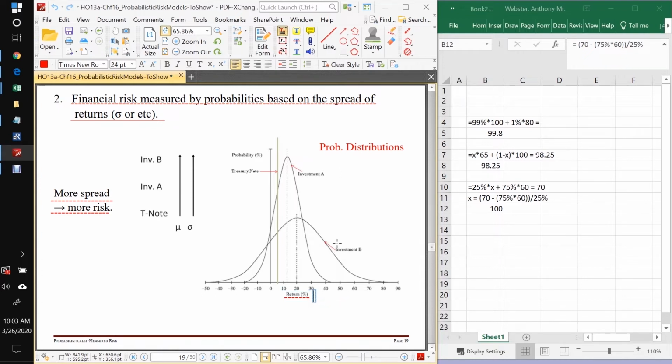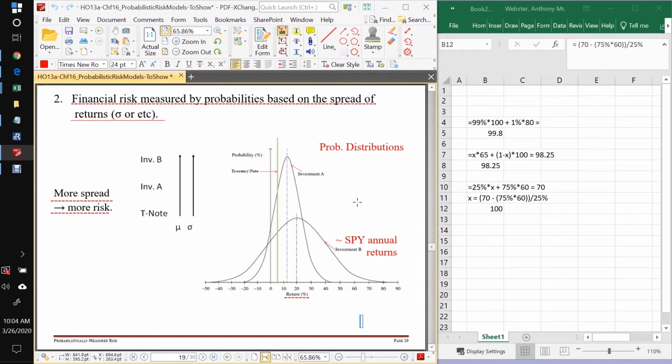If we look at something like investment B, which could be the SPY annual returns, we have something very, very spread out. There is maybe a 5% probability that we're going to have a minus 30% return or worse, and something like a 50% probability that we're going to have a 20% return or better.